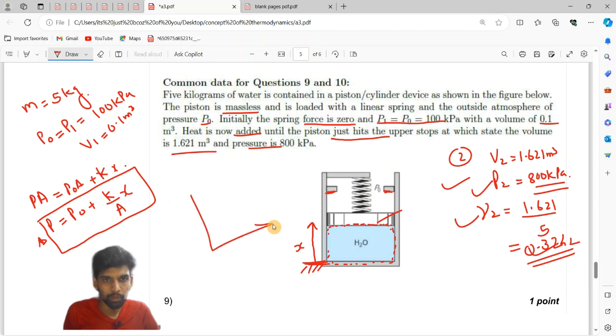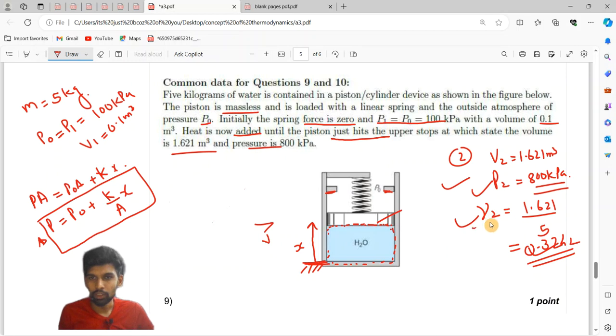suppose, let me explain you with a PV plot. This is our volume at state 2. This is our pressure at state 2. At this pressure, if you calculate the saturated volume of the saturated water or saturated liquid, you will find that V2 will be far larger than Vg.